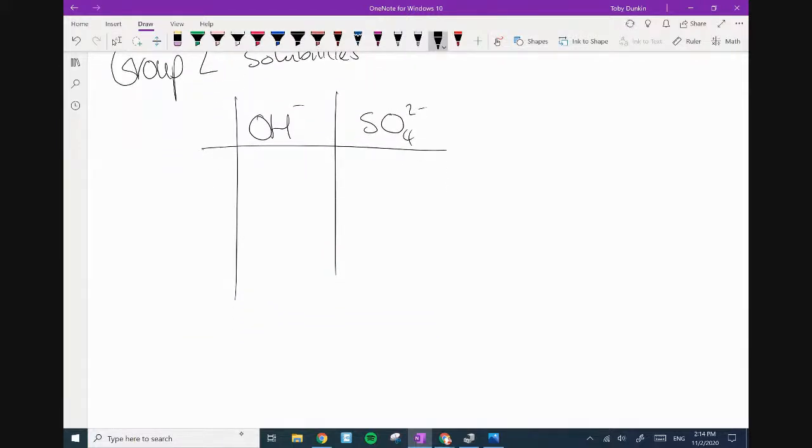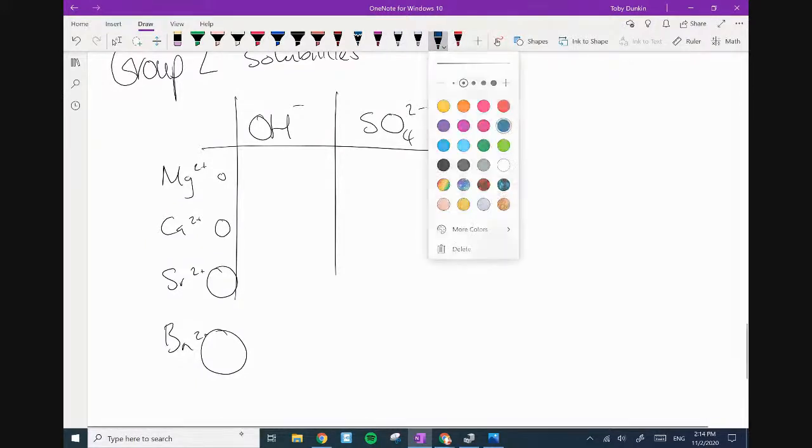And what you then learn is to apply it: magnesium, calcium, strontium, and barium. And then these are all 2+ charges. It's nice to do that. And what we realize is it's to do with the size. Yeah. And we remember that the OH minus ion, which I'll do in blue, is small.